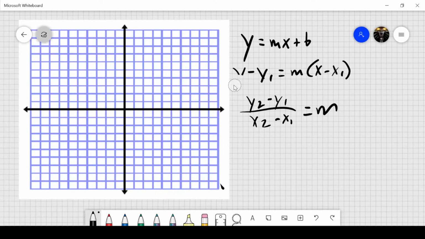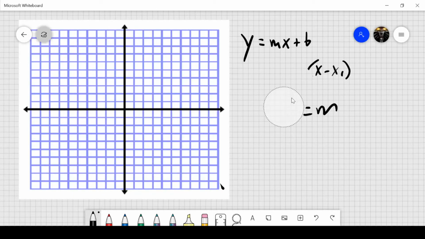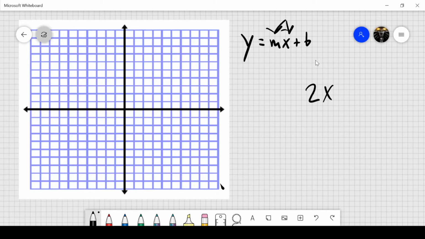So let's take a look at our first equation, all right? This one's pretty easy. Sometimes it's going to be in a different form, so it'll be a little bit different from here. Sometimes b will be over here. Sometimes m and x will be over here. Basically, it's with your independent variable, and it's the number attached. 2x, it's the 2. 4 over 3x, it's the 4 over 3.